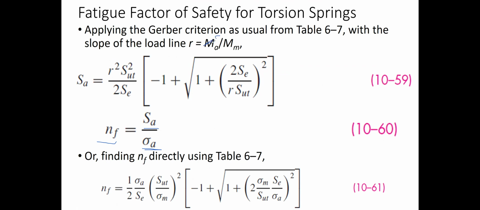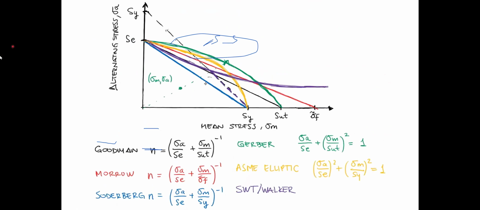This should be S and S. So we have this load line from Gerber's figure, SA over SM. So we can find the safety factor.